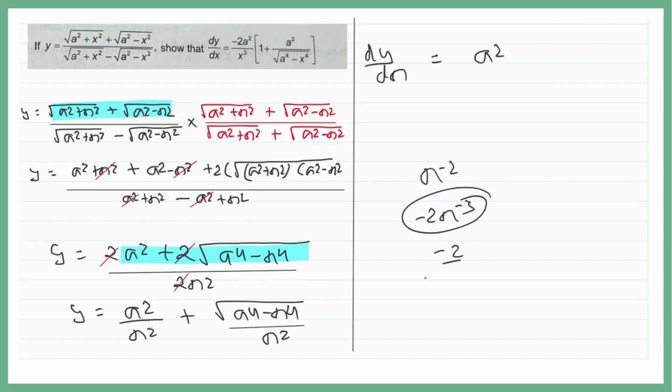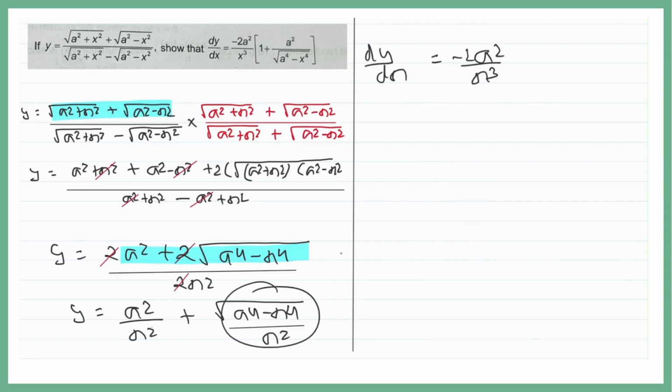So we can write the differentiation of this as minus 2 over x³.